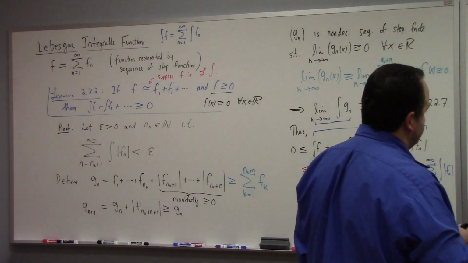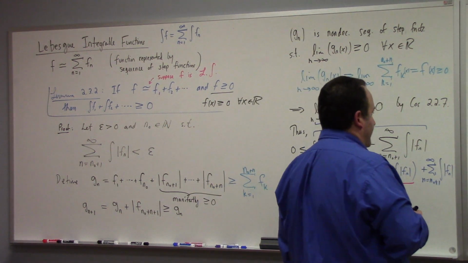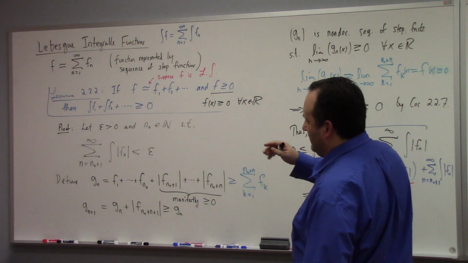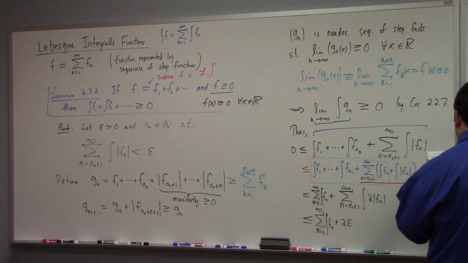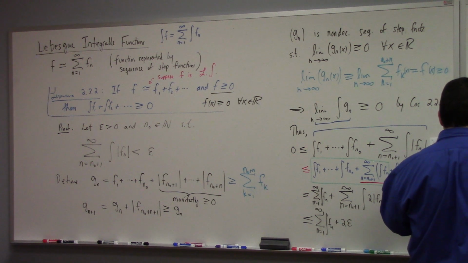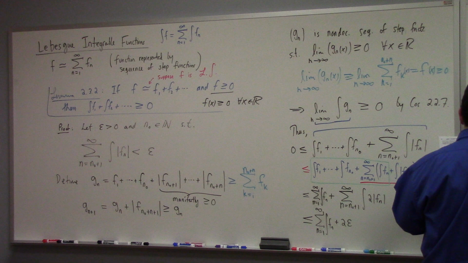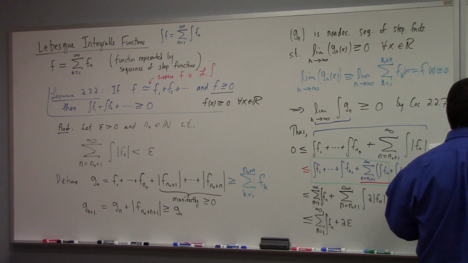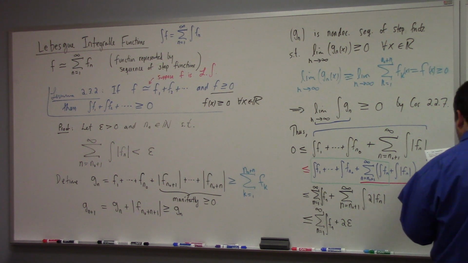I guess that's clear, right? So we have what we need to apply lemma 2.32 then. So then we have that the integral of f1 minus the integral of g1 plus the integral of f2 minus the integral of g2 plus dot dot dot is greater than or equal to 0.